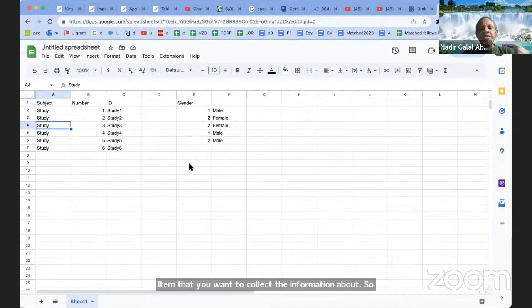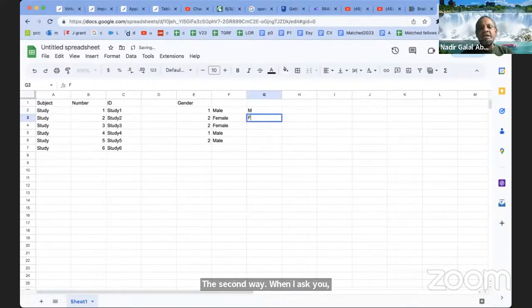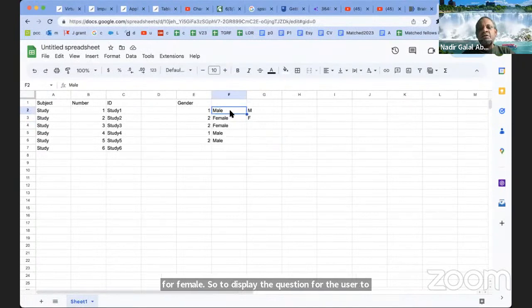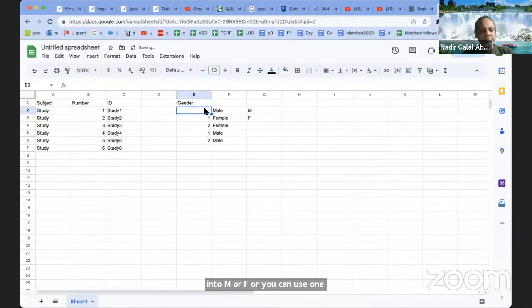So this is a basic way of doing that. The second way, when I asked you, I put M for male and F for female. To display the question for the user to click on something, you can either display it as the whole word male or female, or you can shorten it into M or F, or you can use 1 or 2 as a code for saving your information in the database. When using numbers, it makes sense when you are calculating later on.